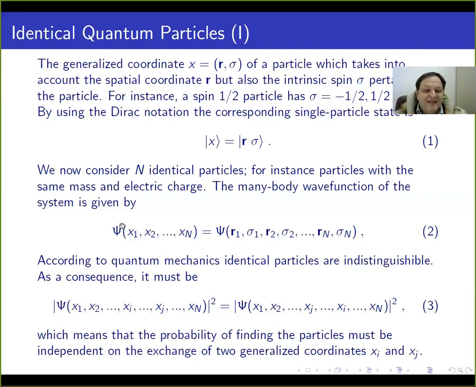So this capital psi is a function of x1, x2, x3, x4, etc., up to xn. Obviously, this means that the psi is indeed a function of the coordinate R1 and the spin sigma 1 of the first particle, the coordinate R2 and spin sigma 2 of the second particle, etc.